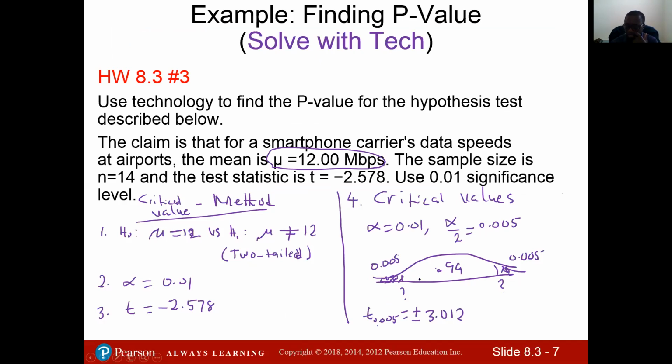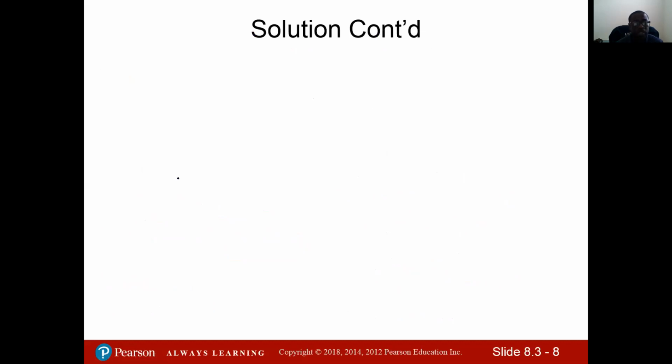Okay, so let us decide. Go to the next step. Step 5 is our decision. Because the test statistic is negative, you have to compare it with your negative critical value. If the test statistic is less than or equal to the critical value, which critical value?